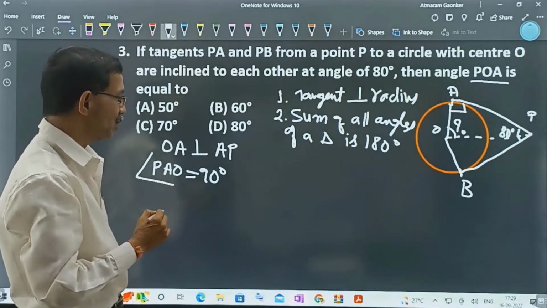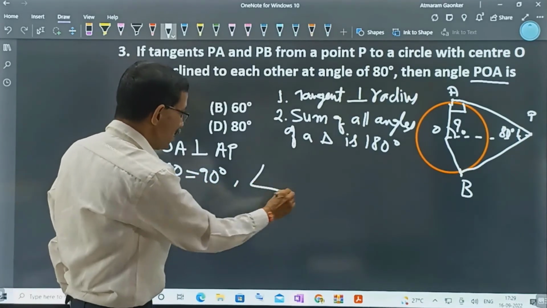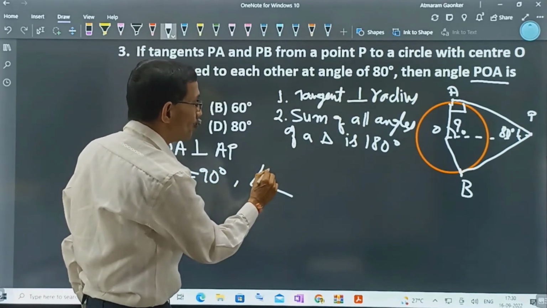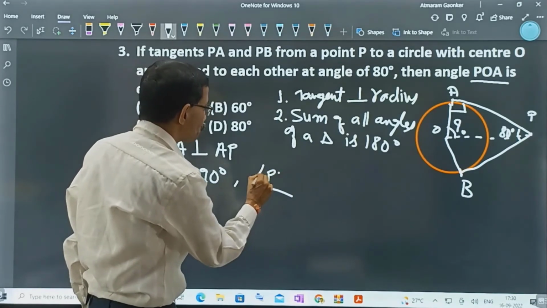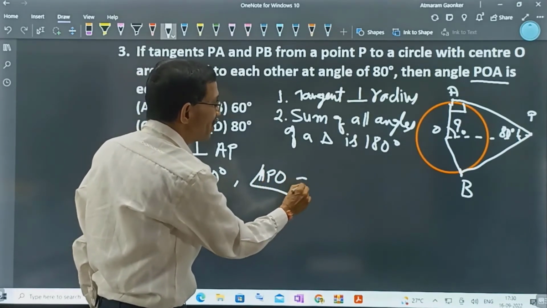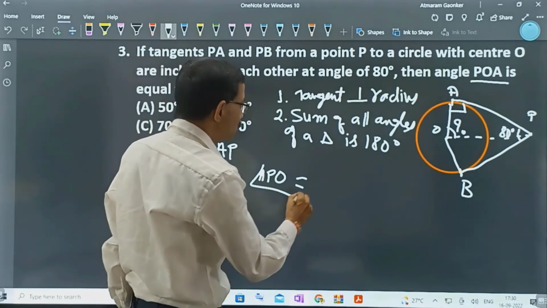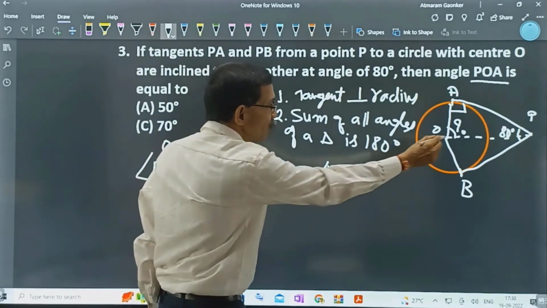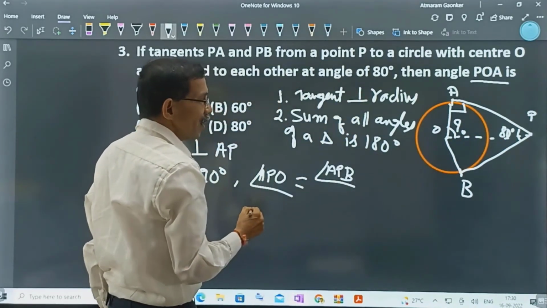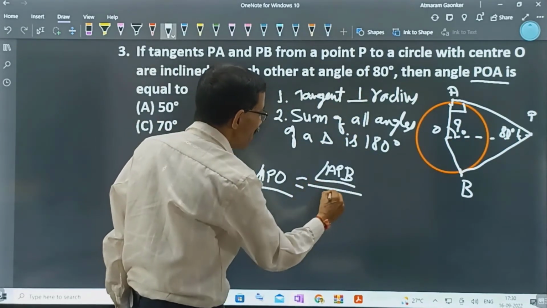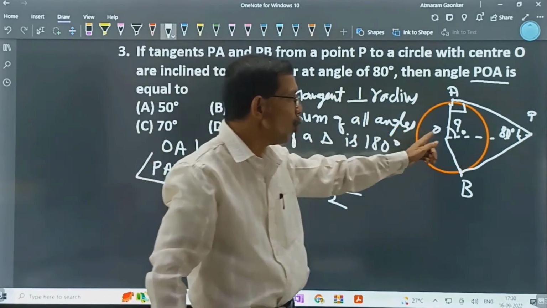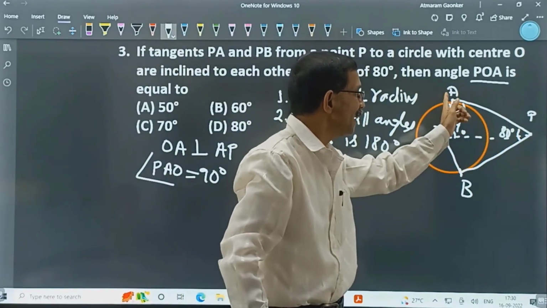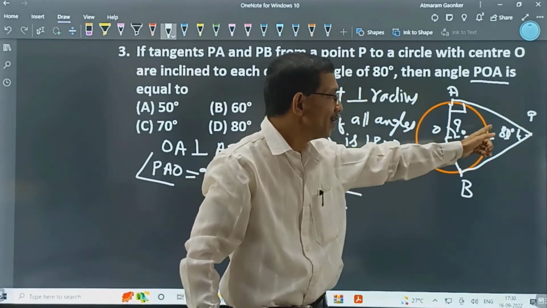So let us find out angle APO. This angle is equal to angle APB, that is the whole angle which is given as 80 degrees, divided by 2, because OP bisects the angle APB.